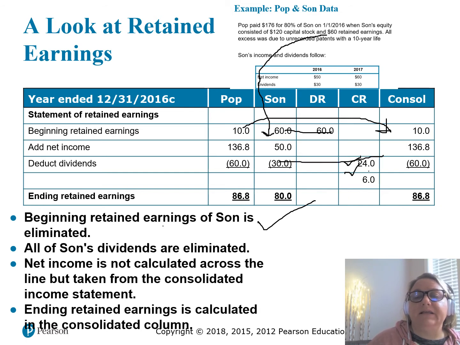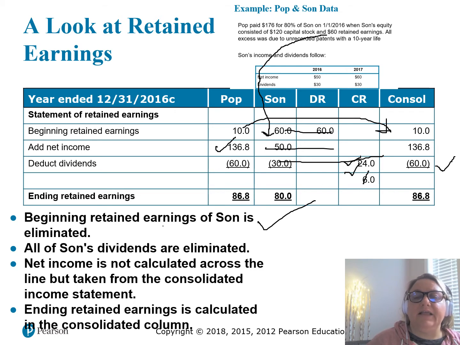We're not going to put any of that in the consolidation column. Do you remember, I actually skipped this by accident, I didn't mean to. Do you remember the net income from the slide before? That's going to become POP's net income. Sun's net income, out.